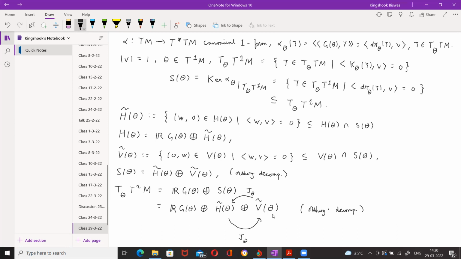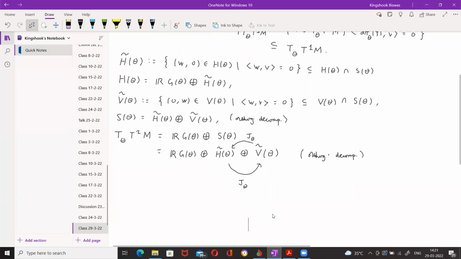And omega, which is minus d alpha, restricted to H tilde direct sum V tilde, this is a symplectic form, right? It's alternating and non-degenerate restricted to this S theta. That's what we showed, right?